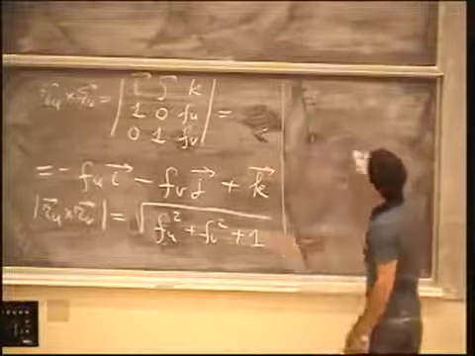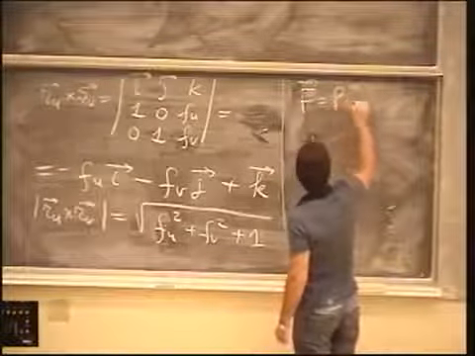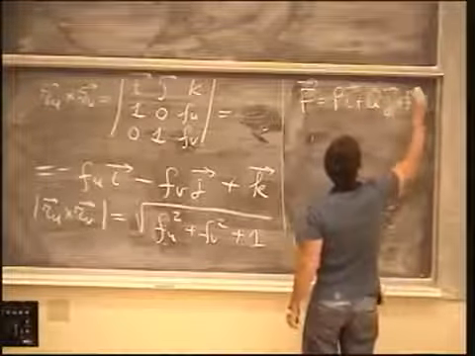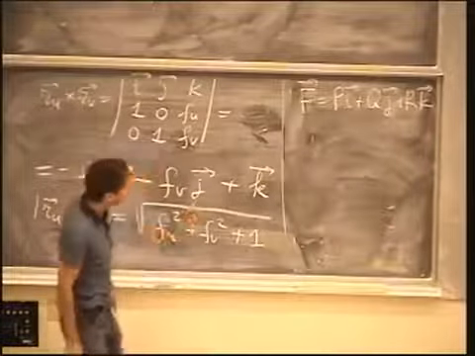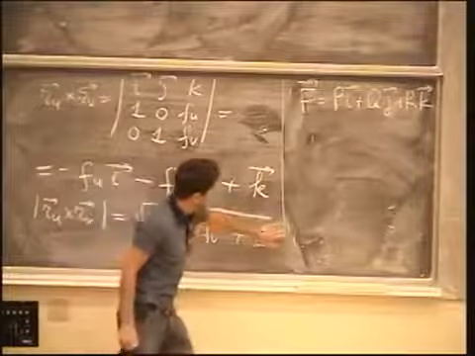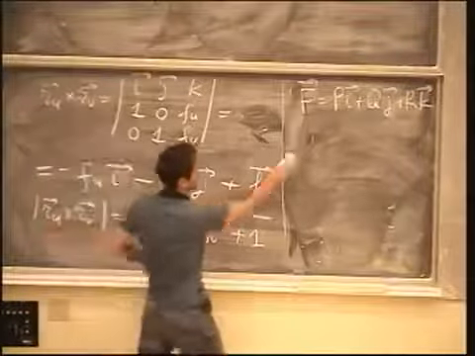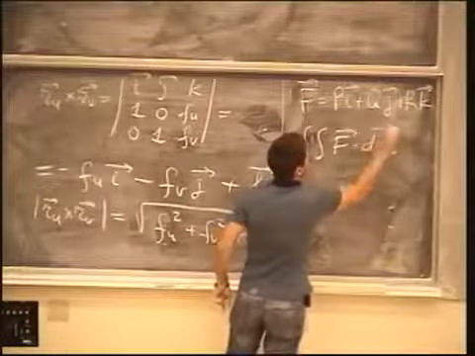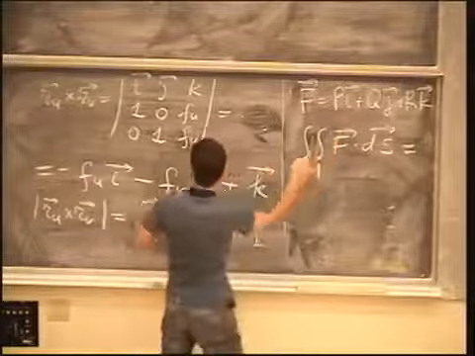And your vector field F, say, is some Pi plus Qj plus Rk. In this case, we can use this formula. So what we have to do is we simply have to take the dot product of this vector and this vector.